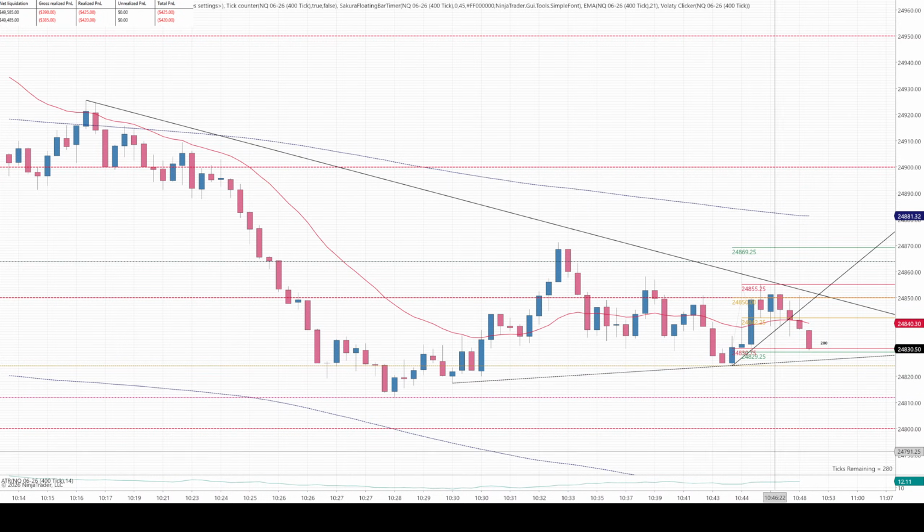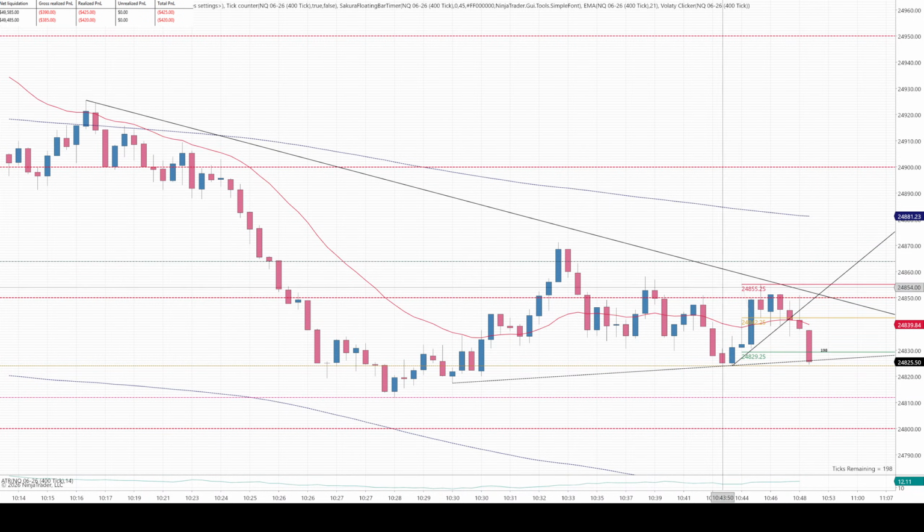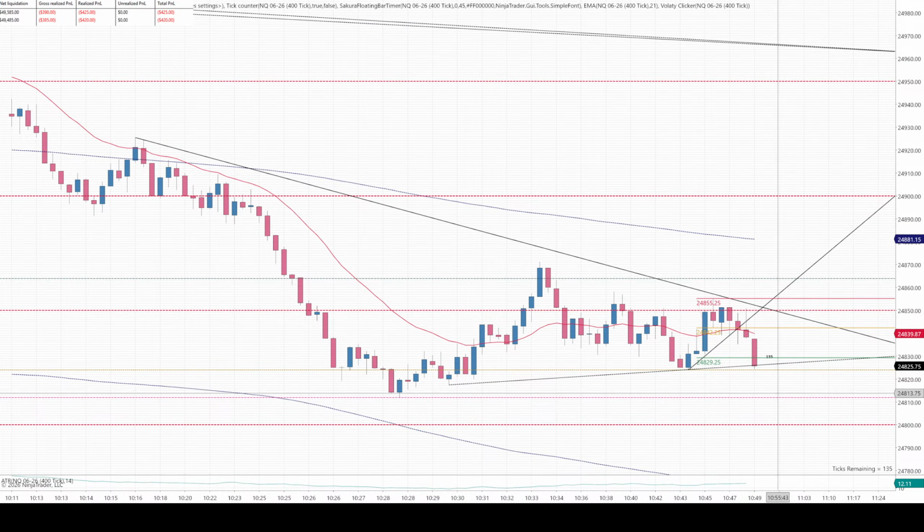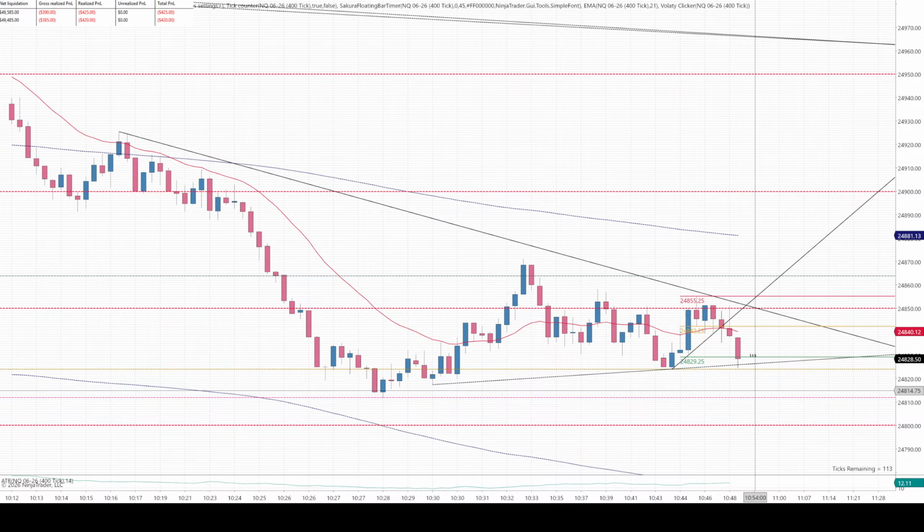There's that nice bearish move into target. Coming right into support though.